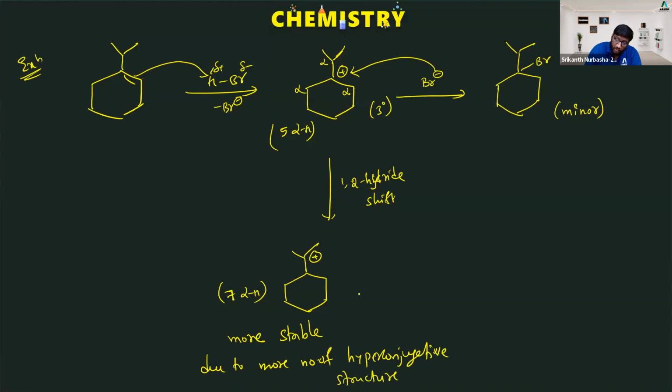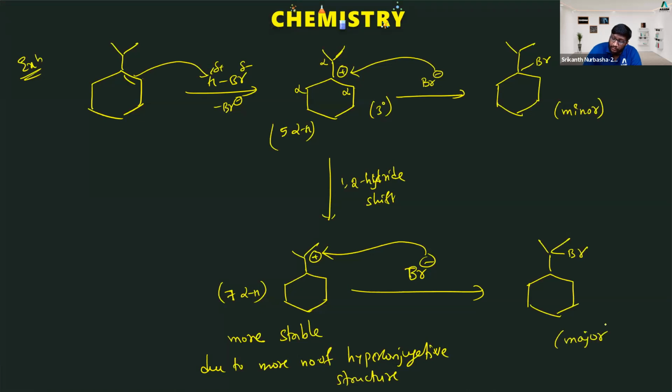So now this most stable carbocation is going to be attacked by the nucleophile. The nucleophile is bromide ion. So Br minus attacks this particular carbon, generating this compound, which is nothing but your major product. Everyone got it or not?